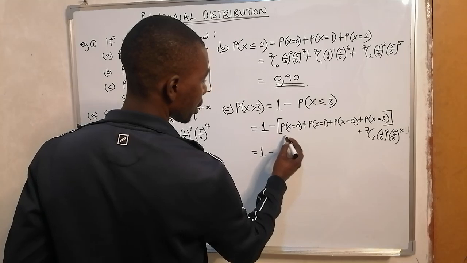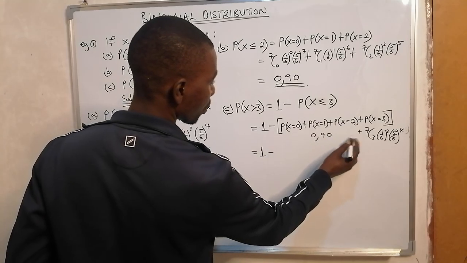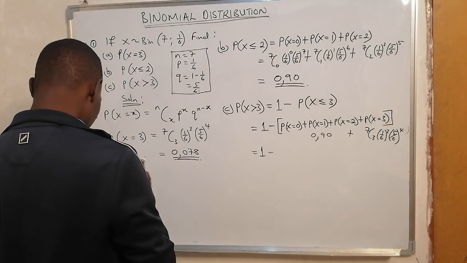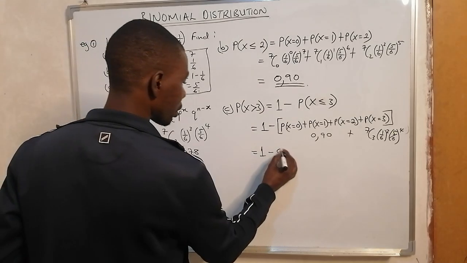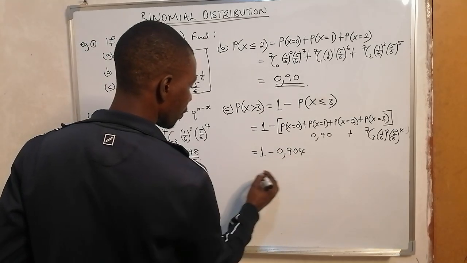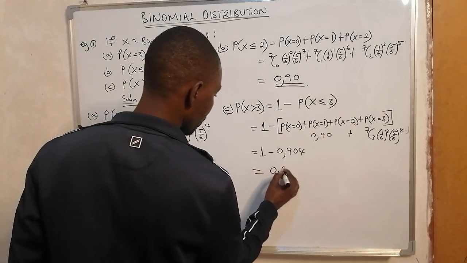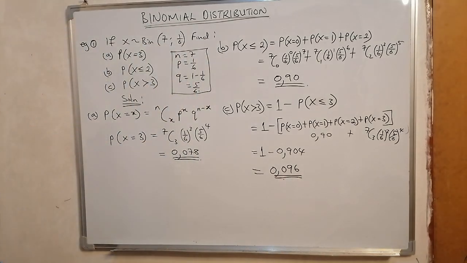Then you add to this 0.90. If you add all this, I'm sure you will get 0.904. Then your final answer will be 0.096. So this is how you find your probabilities using binomial distribution, right?